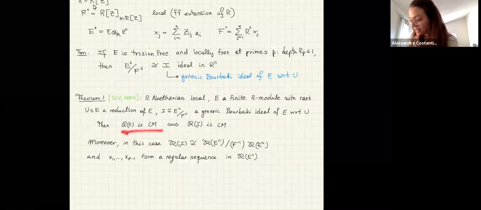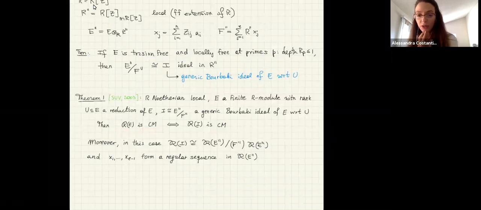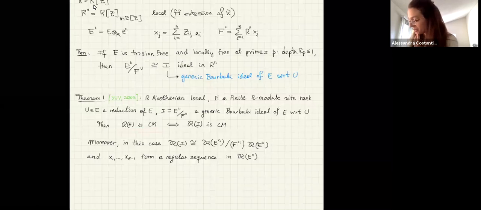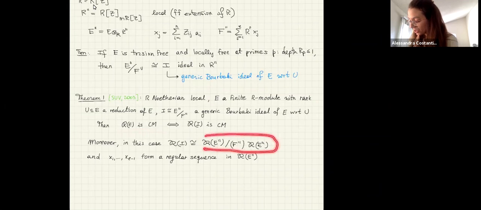In this case, the Rees algebra of the module is Cohen-Macaulay if and only if the Rees algebra of the ideal is Cohen-Macaulay. And whenever this happens, the Rees algebra of I is going to be a quotient of the Rees algebra of the module E after you pass to the generic extension, modulo this F here.